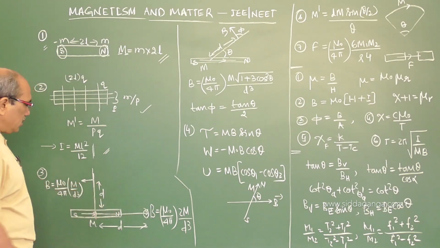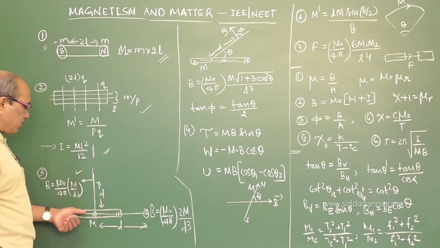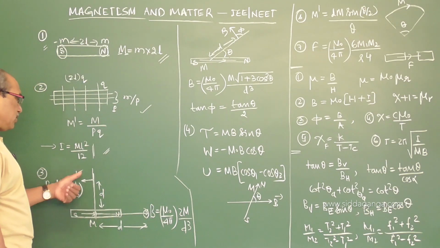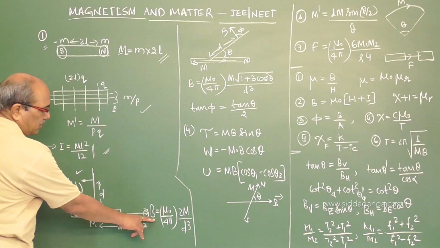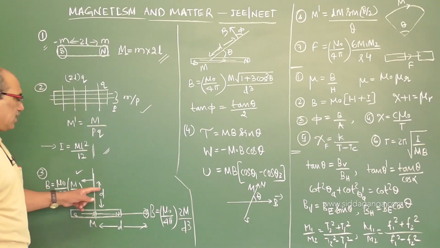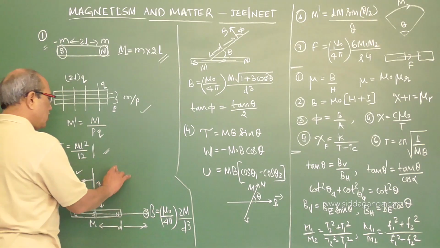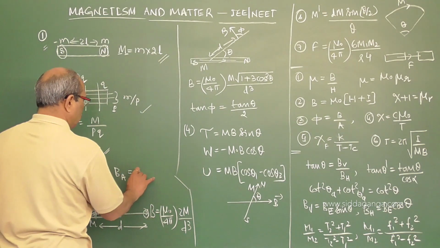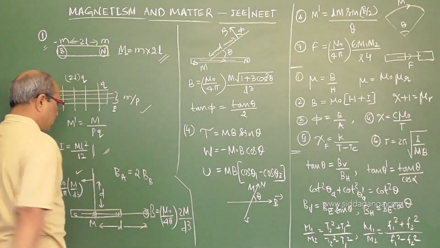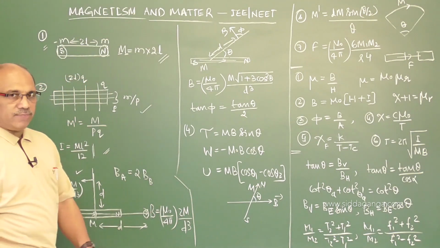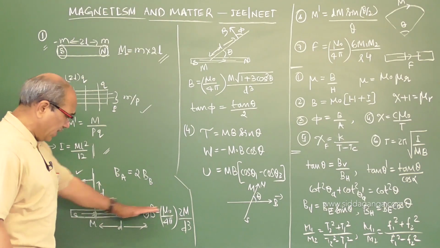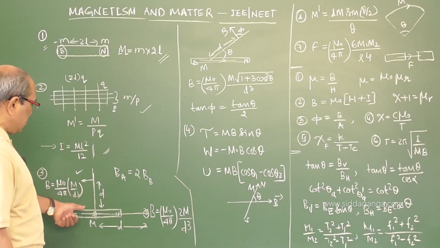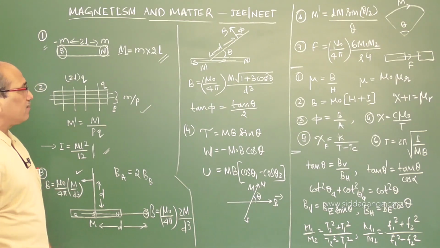If you observe here, the field is opposite to that of the moment, and 50% compared to that along the axis for the same distance. B axial is nothing but 2 times B broadside on, for the same distances, and they are in opposite directions. Along the axis it is parallel to the moment, but on the bisector it is opposite in direction.